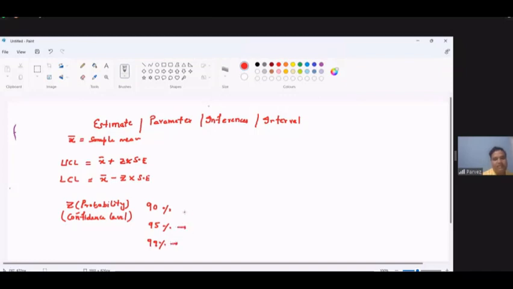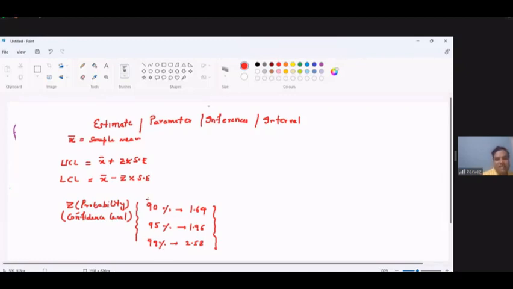Instead of calculating the Z value, they will mention the confidence level: 90% means 1.64, 95% means 1.96, 99% means 2.58. So these values you have to remember, for these 3 confidence levels.